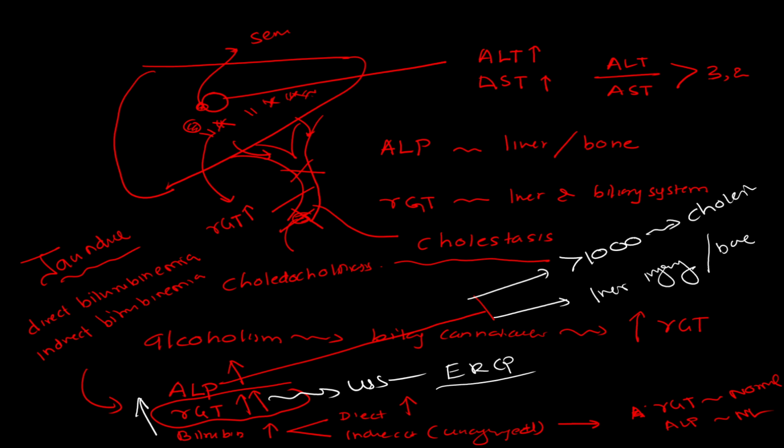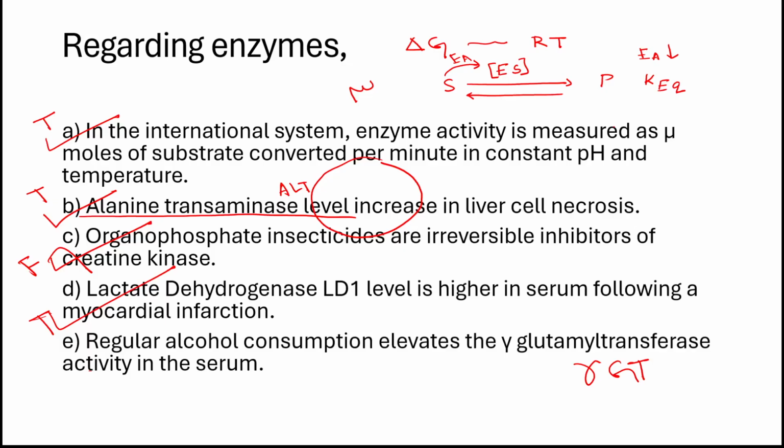Are we good? So regular alcohol consumption elevates gamma GT activity. Yes, in a chronic alcoholic, there is a possibility that this might be true.